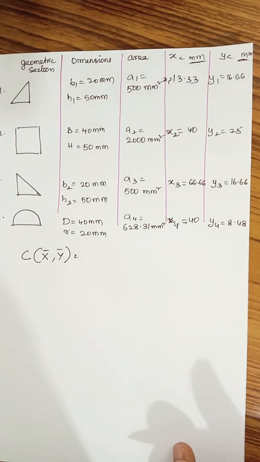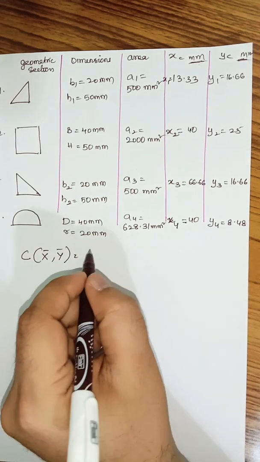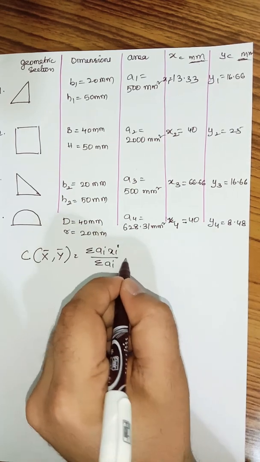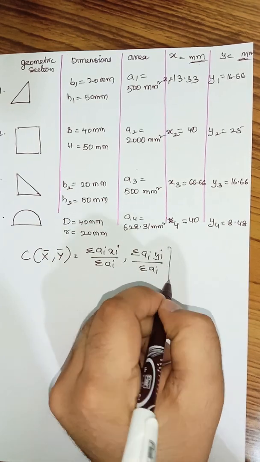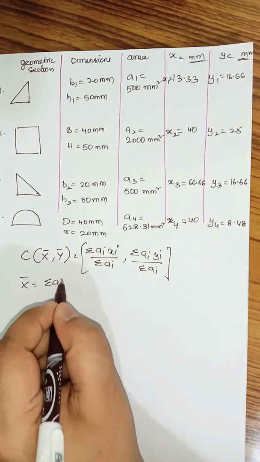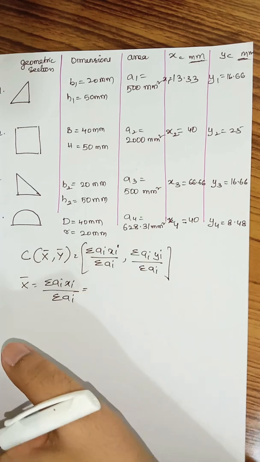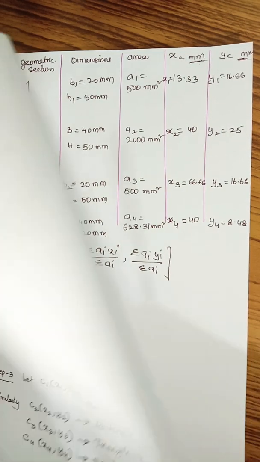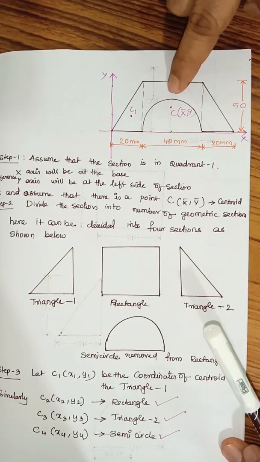Now, we all know the formula to calculate the centroid of any plane figure. That is capital C, x bar comma y bar, which is equal to sigma ai xi divided by sigma ai, and sigma ai yi divided by sigma ai. Here, expanding the formula, x bar is equal to sigma ai xi divided by sigma ai. Now here you have to remember from the sketch which we have drawn in the previous one, there are two triangles along with a rectangle.